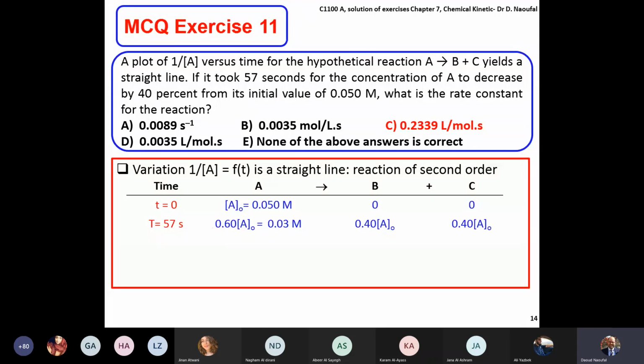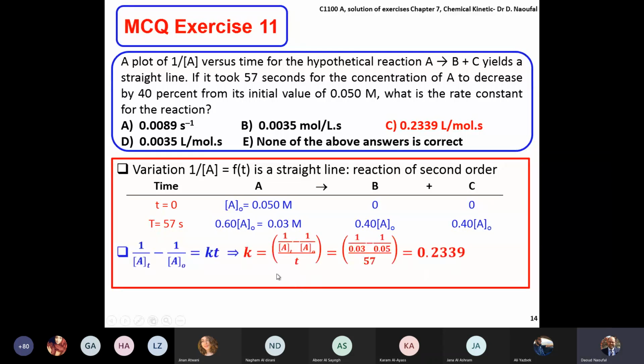In this exercise, we don't have t half, so we have to use the integrated rate law. So we have to construct the table of conversion. For a reaction of second order, the integrated rate law is given by 1 over At minus 1 over A0 equals Kt. This relation can be applied at any time you choose in the reaction, and I will choose the time given, 57 seconds.